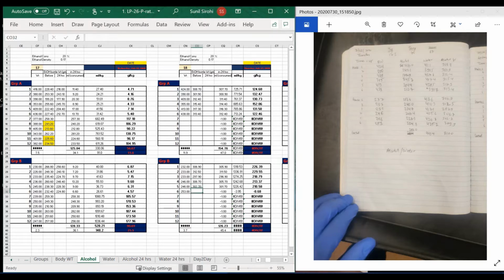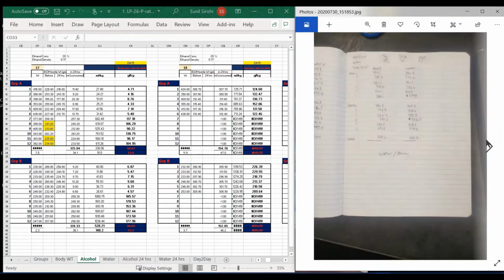Okay, and then we have females 306.9, 312.5, 297.9, 306.7, 302.7, 302.7, 309.9. You see that I'm double checking everything. 306, 302, 309. Okay, so how do we know how much they consumed in 24 hours?